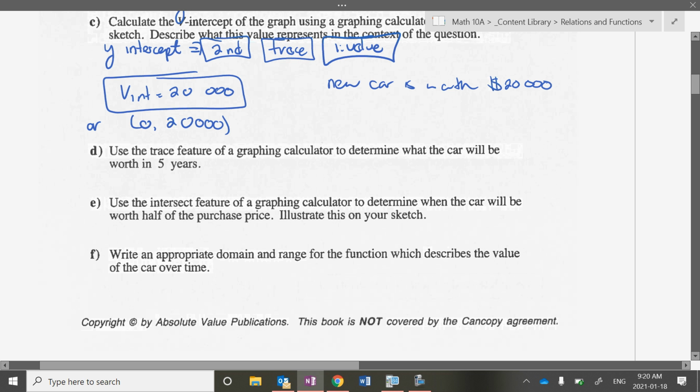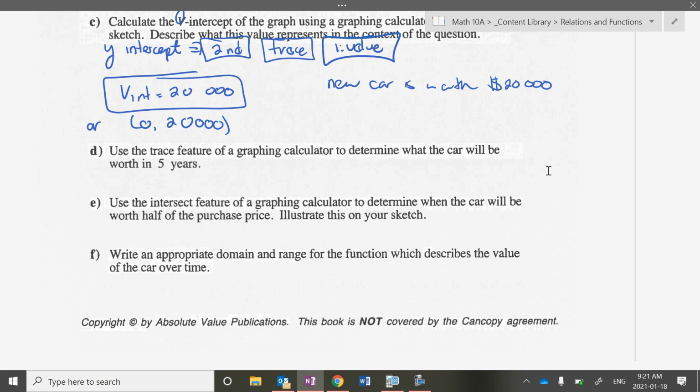Determine what your car will be worth after 5 years. So 5 years is then our x value. And good luck.